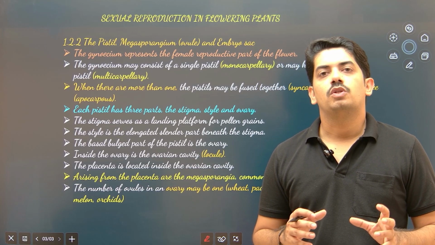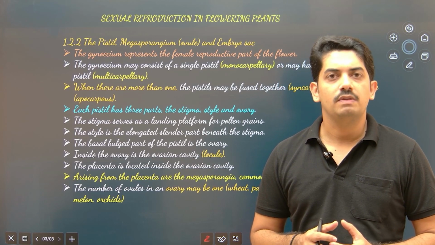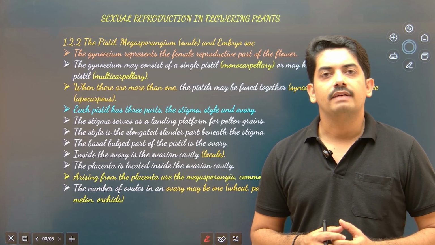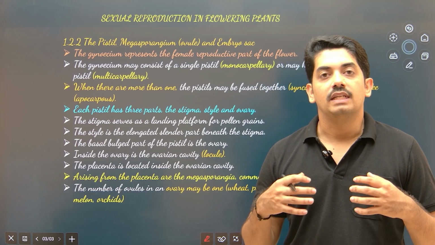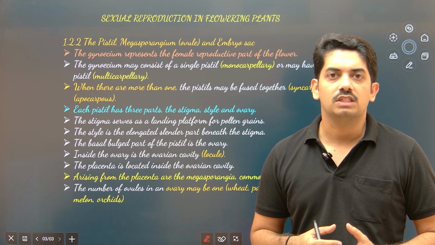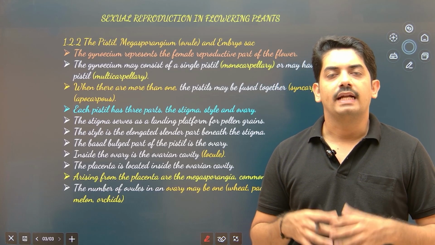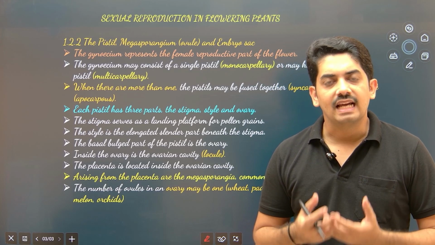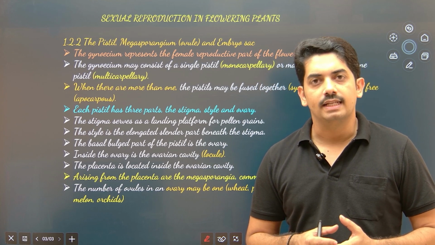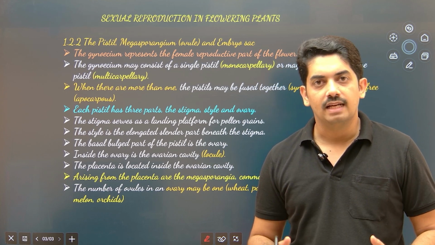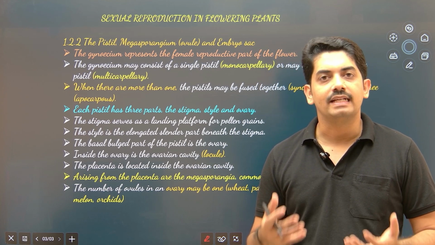In general, to represent the female reproductive structure, we use the term pistil. But whenever it comes to the number of female reproductive structures present in the flower, we use the term carpel. That is how we describe the female reproductive structure as monocarpellary, bicarpellary, tricarpellary and multicarpellary condition.